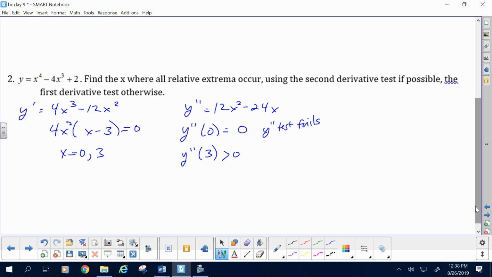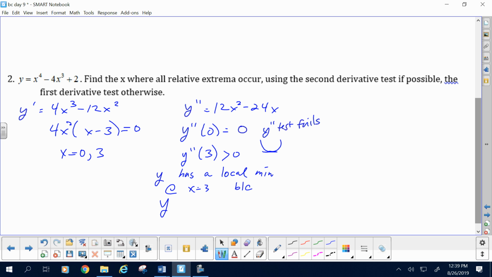And so that means the original graph would be flat because the first derivative was 0, and concave up. So the graph must have a min. So let's do the conclusion for 3 right now with the second derivative. Then we'll deal with 0 in a second. All right. So the curve, or y, whatever you want to call it, has a local min at where? x equals 3 because y?